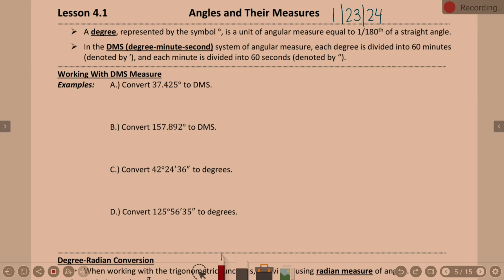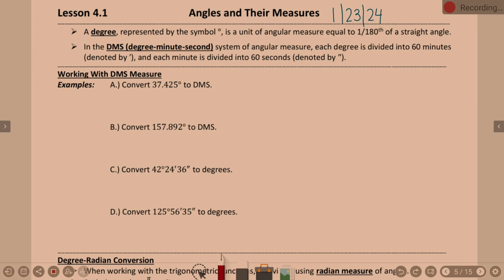A straight angle is a straight line, and a straight line measures 180 degrees. So they're defining a degree to be 1/180th of a straight angle. You could say it's 1/90th of a right angle. You could say it's 1/360th of a circle, okay?